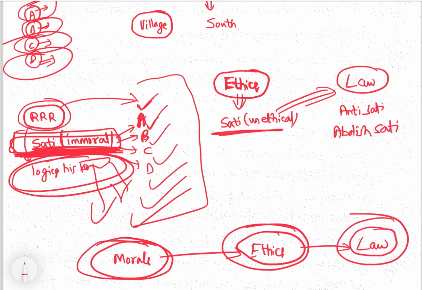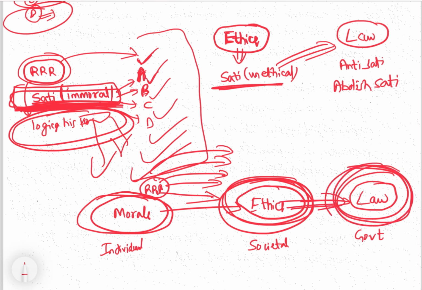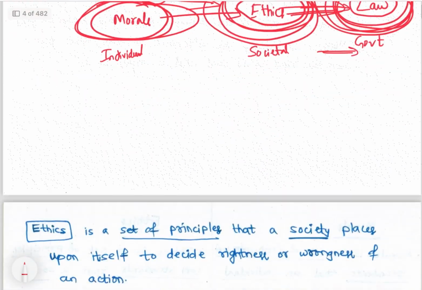Raja Ram Mohan Roy's morals, he tried to convince others, and once he convinced the majority of the society members, then it becomes ethics, because morals are individual, ethics is societal, and laws are formed by the government based on ethics. Laws are nothing but minimum ethical standards. So this is the thing: morals, ethics and laws. So this is the second example, and let's see one more example.